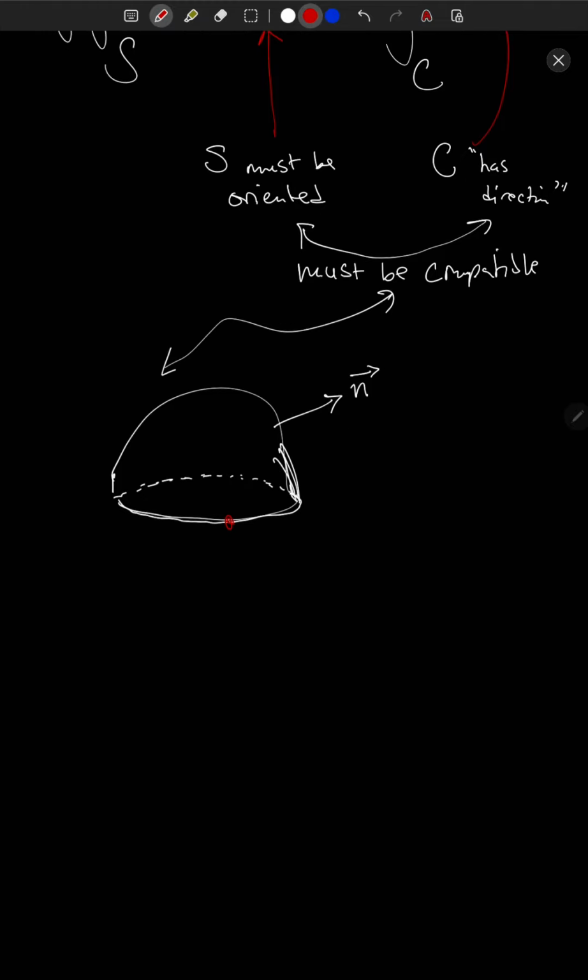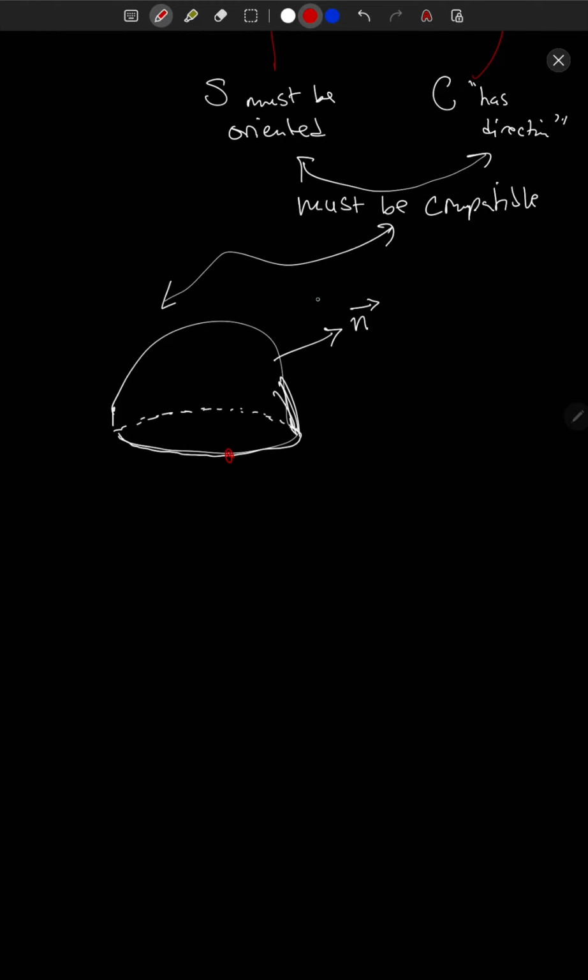The way you do it is you take this normal, and because this surface is oriented, this normal must be consistent. So I can shift this normal, and this normal, and this normal, shifting it until I get to the boundary. The picture is going to look like this.